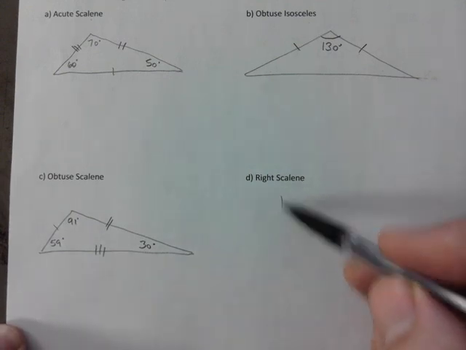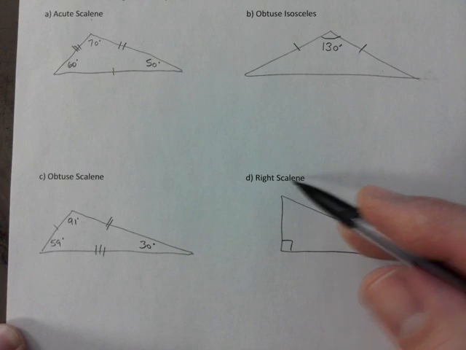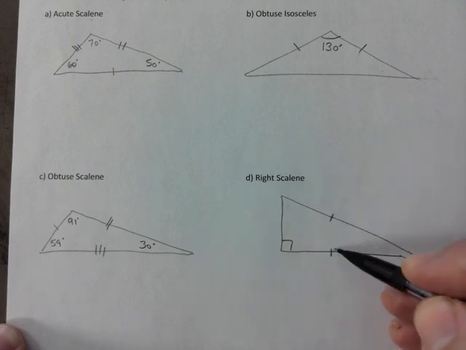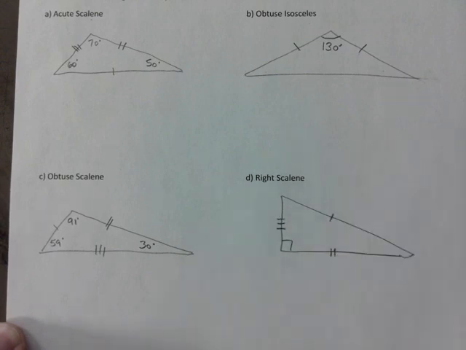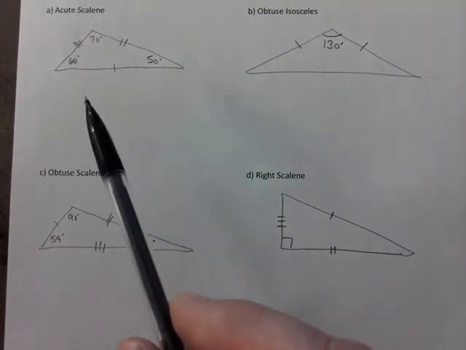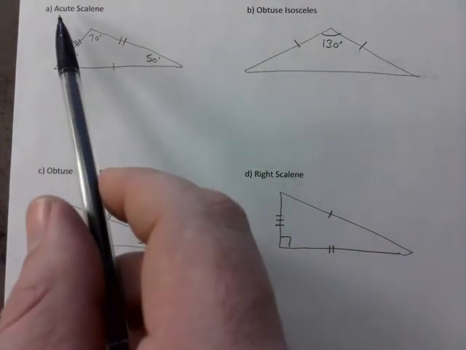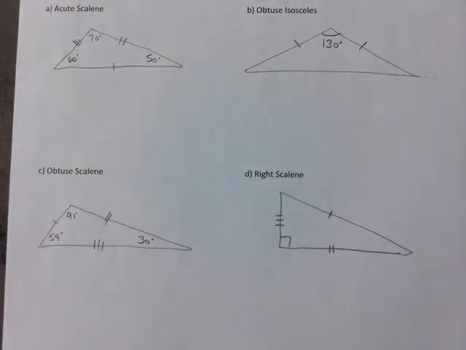Right scalene, that's just your regular right triangle. Right scalene, so you technically could just do this and be okay. So every single one of them is worth 2 marks. Why? Because you have to show me that it meets both criteria, right? You have to show me that it meets the first part and the second part.